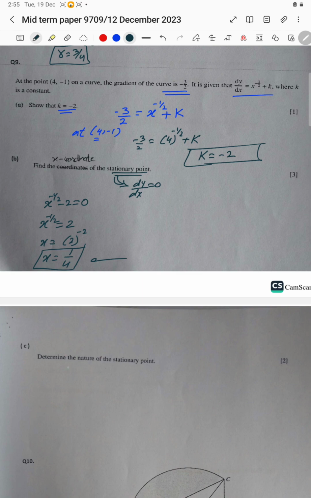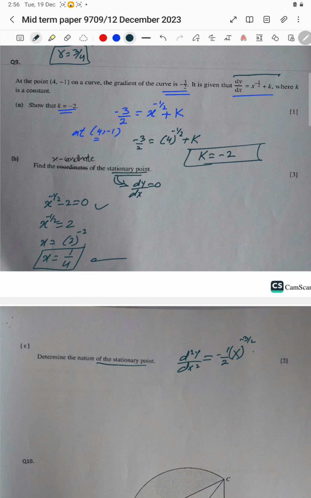Now finally, find the nature of the stationary point. For the nature we need to find d2y by dx square, and here it comes to be minus 1 by 2 x power minus 3 by 2, when you differentiate the result again.